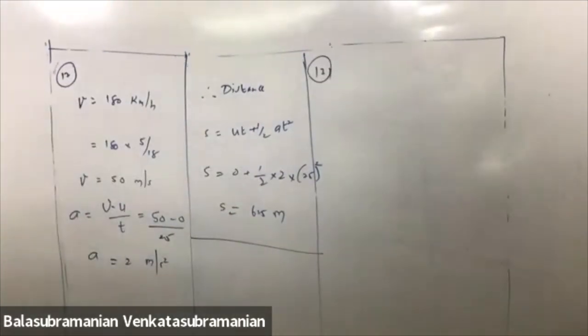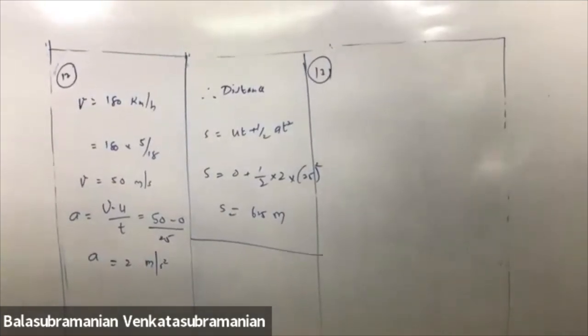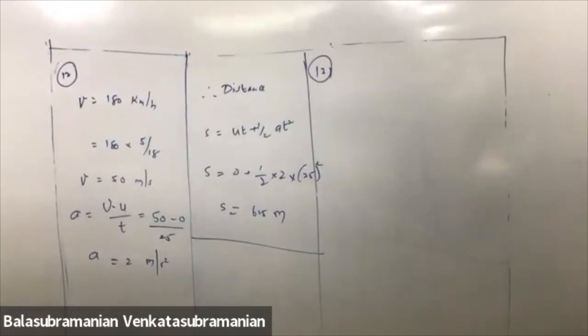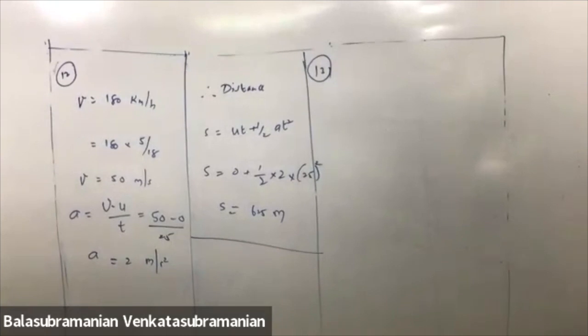A bullet traveling with a velocity of 16 meter per second penetrates a tree trunk and comes to rest in 0.4 meters. Find the time taken during the retardation.